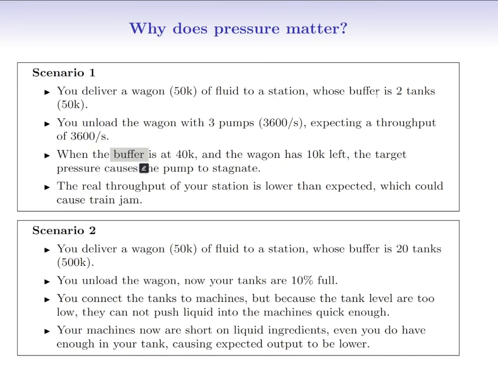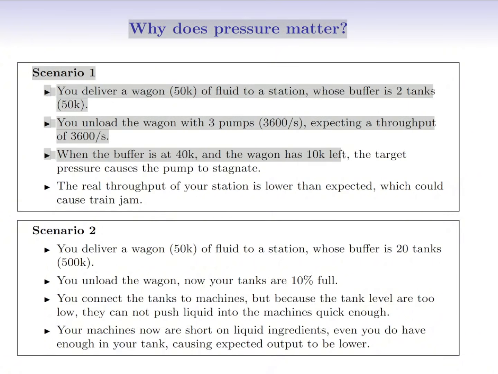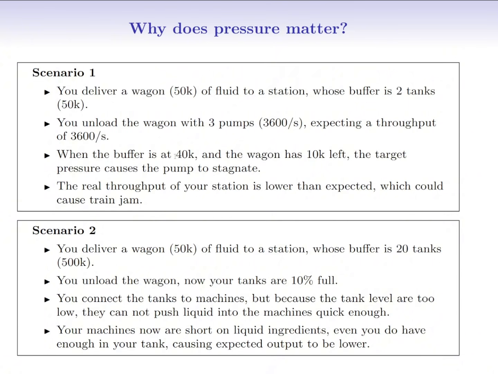Suppose the buffer of the 2 tanks now has unloaded 40,000. The volume has 10,000 left. Now the pressure is dependent on the target, 40,000. It's 80% full, so the pressure is lower than or equal to 0.2. This would cause a low pressure and a low pump throughput.